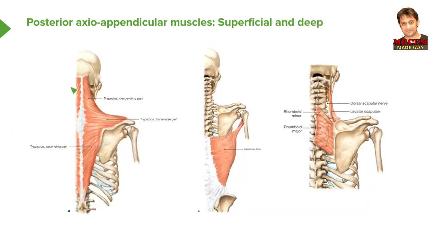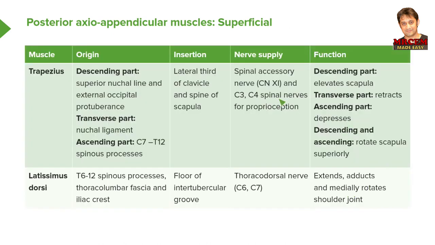And they're passing towards the spine of the clavicle, attaching to the lateral third of the clavicle and the spine of the scapula. So these are attaching to this region.